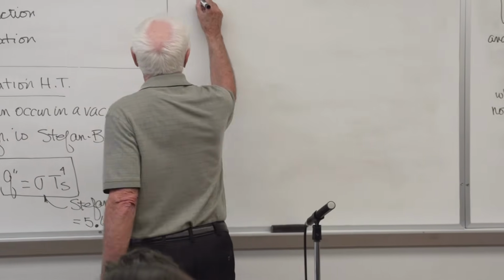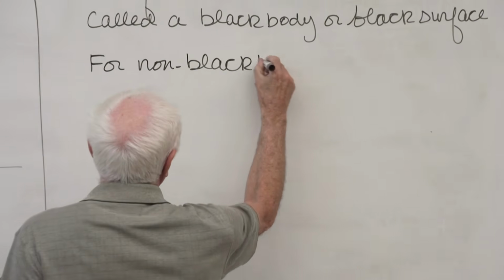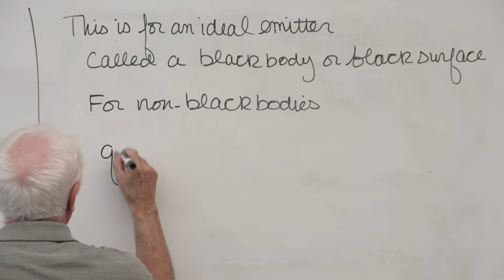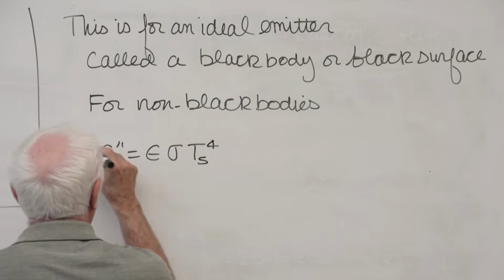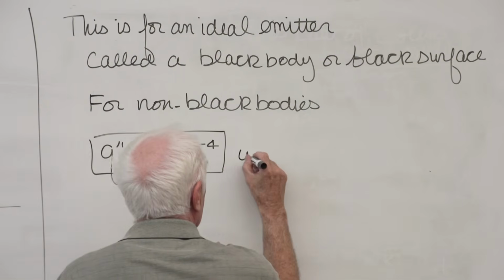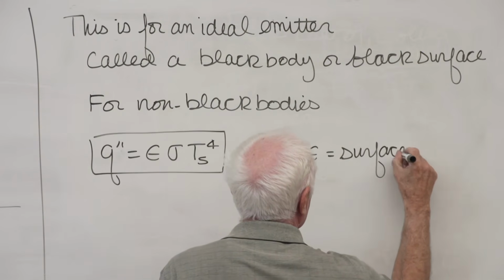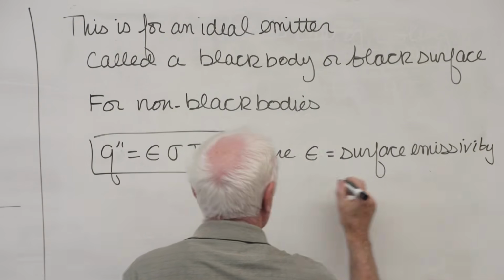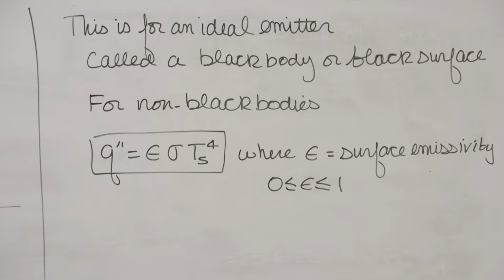So for non-black bodies, q double prime equals epsilon sigma T surface to the fourth. Epsilon accounts for the surface not being the ideal emitter.